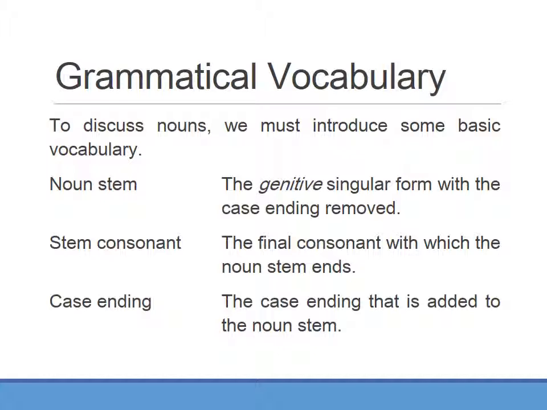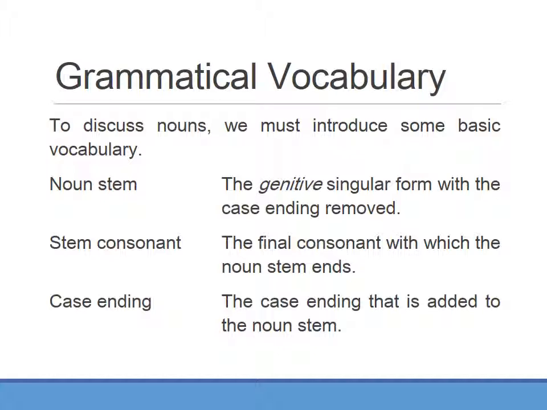That does not work for third declension nouns. The noun stem is the genitive singular form with the case ending removed. This is absolutely critical, and for this reason, when you memorize a vocabulary item for a third declension noun, you must memorize not only the nominative, but also the genitive form.